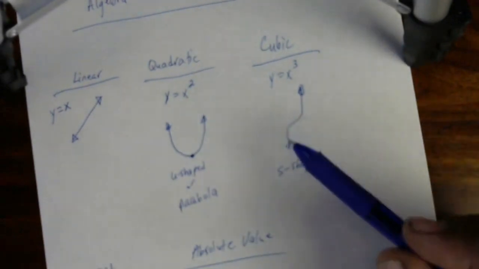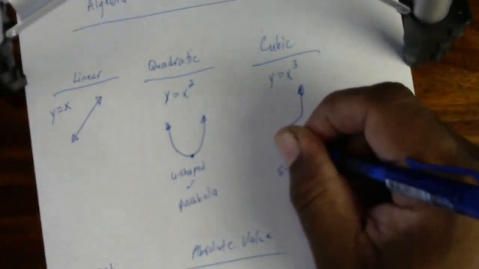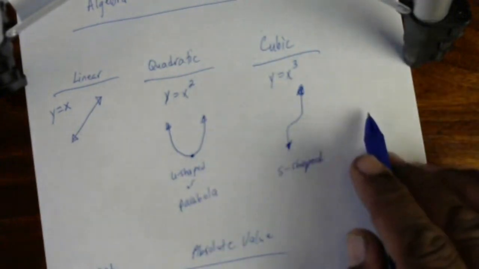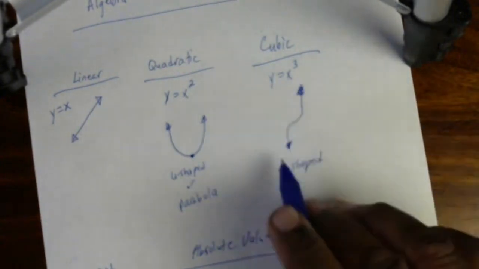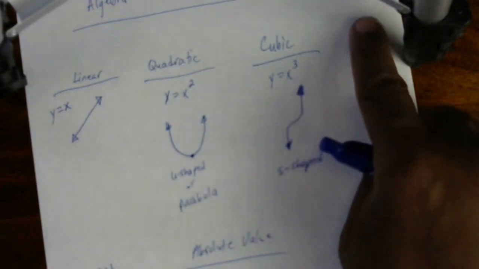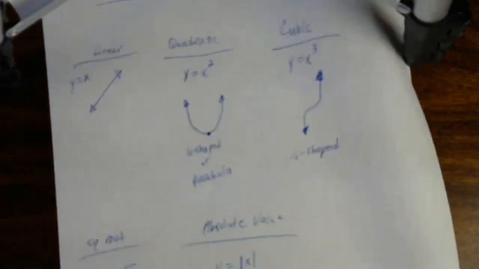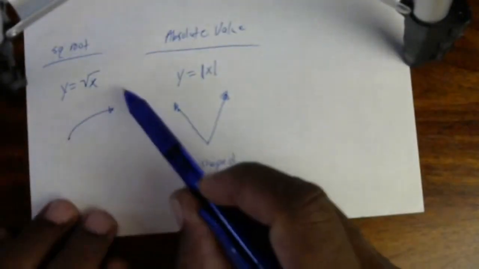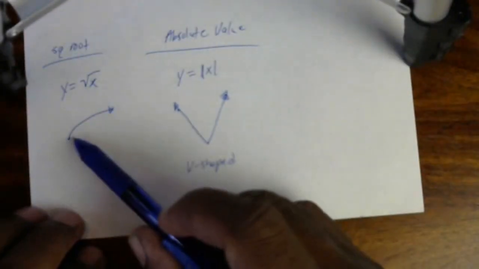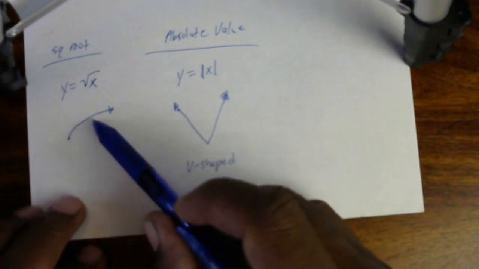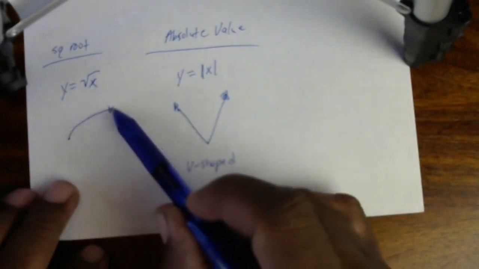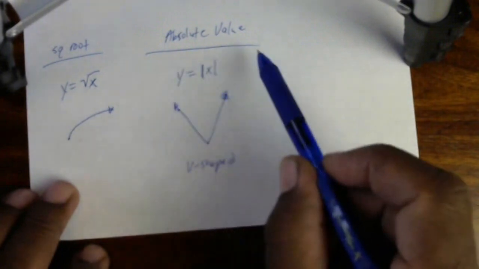For my cubic function, at least the one we have sketched here, as we read it from left to right, it increases. From left to right, it always goes up. If we take a look at the square root function, notice that it increases as well. It never decreases, because this thing will slowly rise forever and ever.